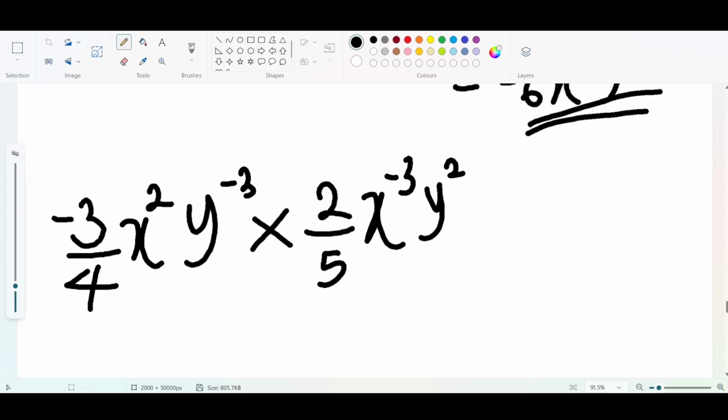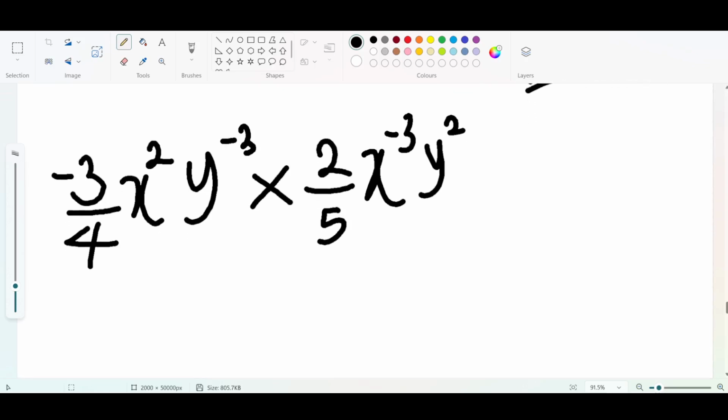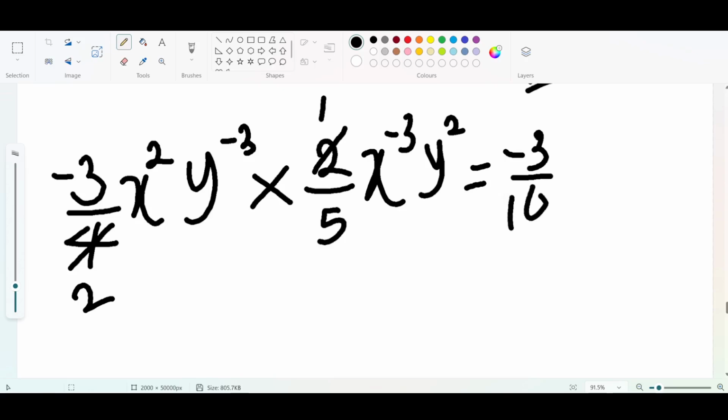What is our final answer? The first thing is that the coefficients will be multiplied together, and if cutting is possible, we can cut them. So 2 here becomes 1, 2 here becomes 2. Now we multiply out: minus 3 times 1 is minus 3, over 2 times 5, which is 10. So minus 3 over 10. Then we take the x.